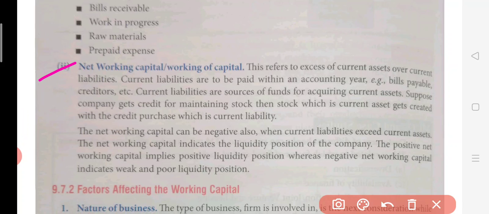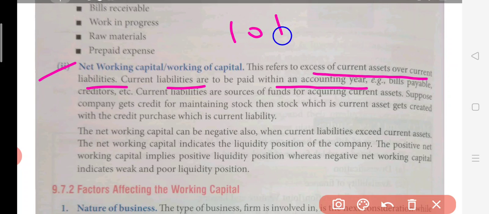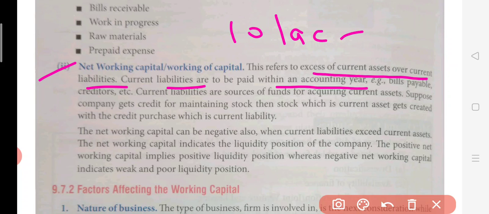Now the second is net working capital. This refers to the excess of current assets over current liabilities. Current liabilities are to be paid within an accounting year. Suppose your current assets are 10 lakh rupees and your liabilities are 20 lakh.